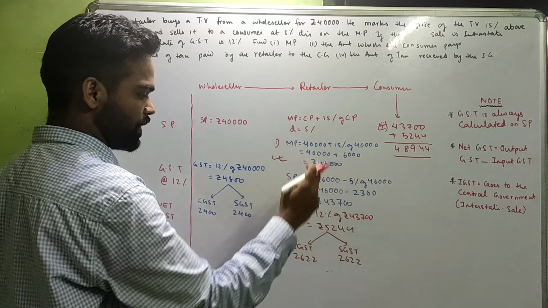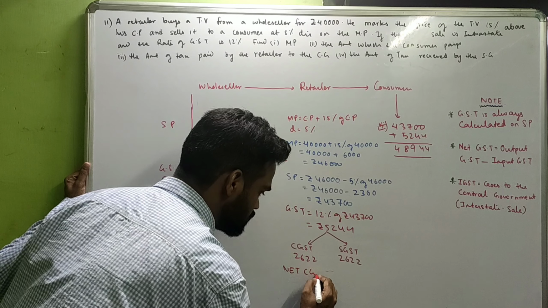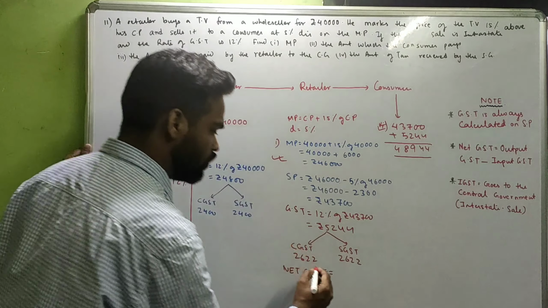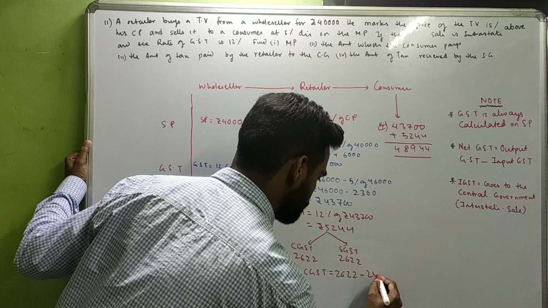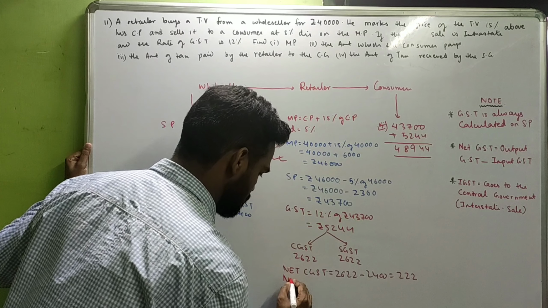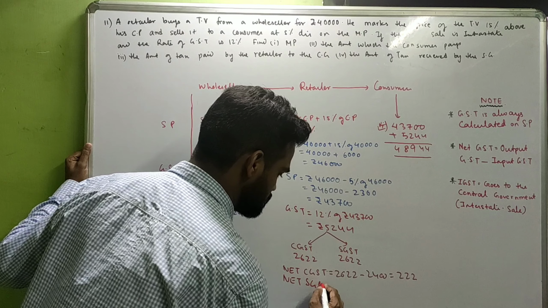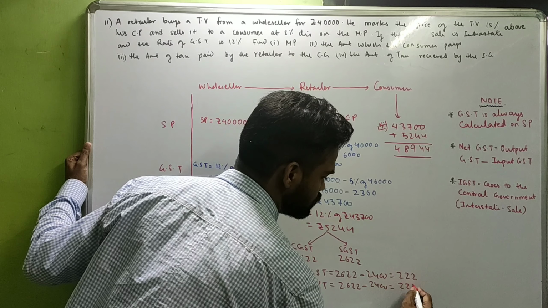The retailer pays the central government net CGST, isn't it? Which is output minus the input, which is rupees 222, and net SGST again same, 2622 minus 2400, that's 222.